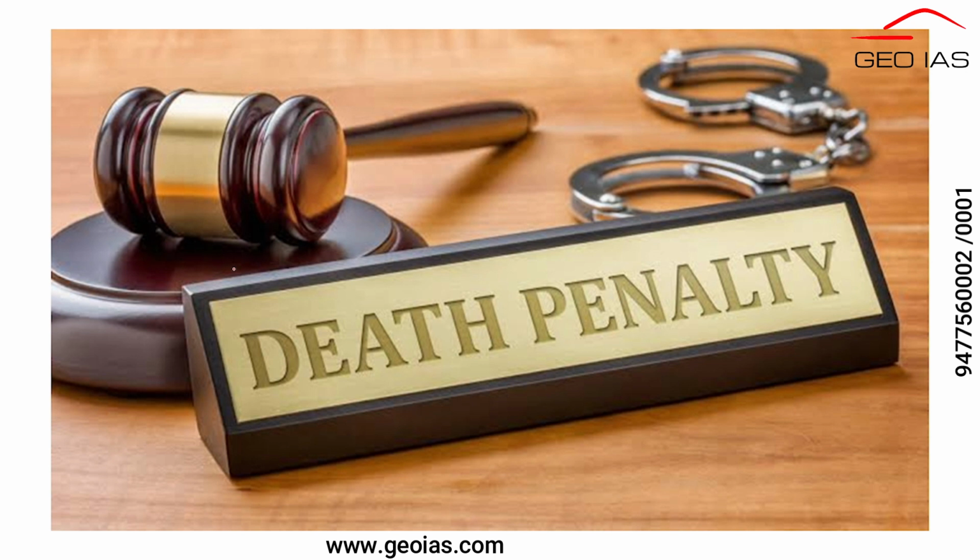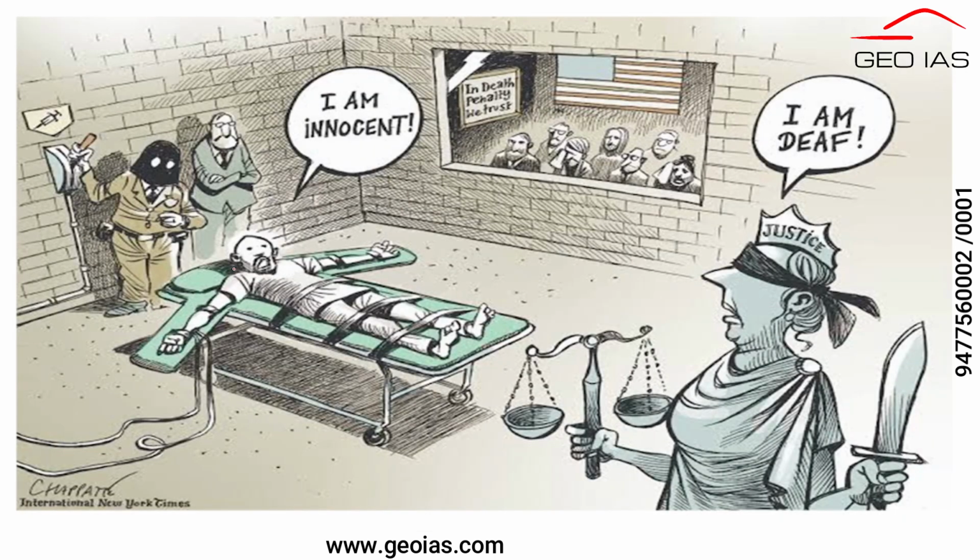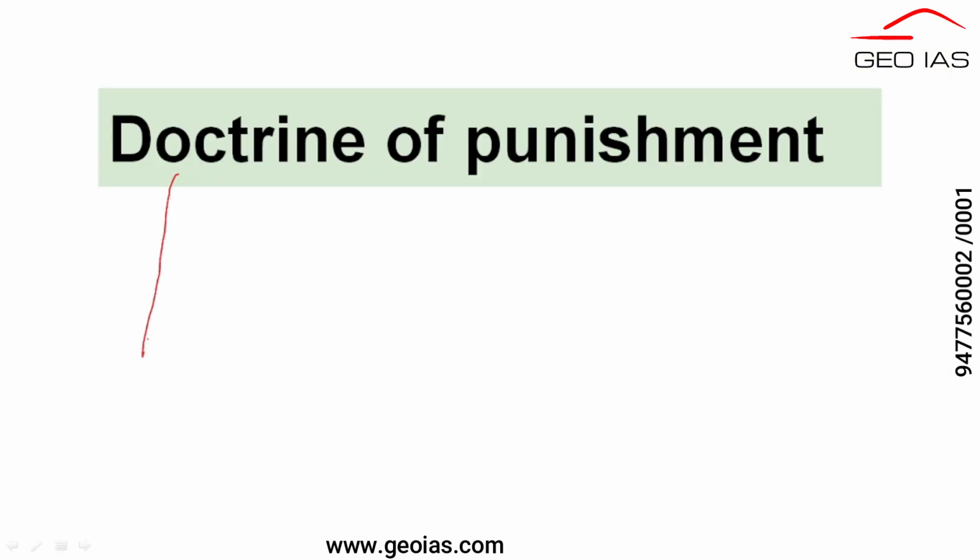Before going to understand capital punishment or the death penalty, I would like to tell you what we mean by the doctrine of punishment. According to Justice Markandey Katju, every punishment has four elements. Number one, it should create fear. Two, it should have the retributive principle, meaning the person who did a mistake has to pay for the mistake.